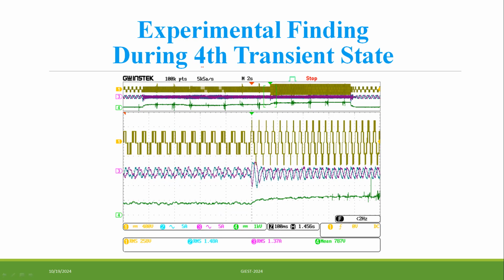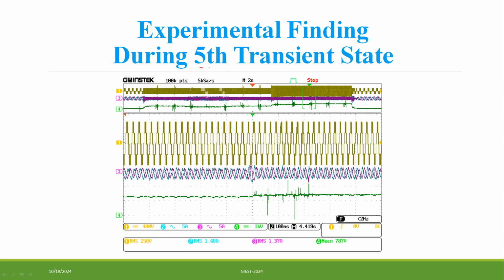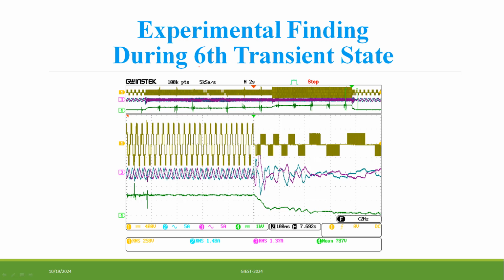During the fourth transient state, line voltage changes from 3 level to 5 level, first, second, third, fourth and fifth. During the fifth transient state, line voltage is only 5 level. During the sixth transient state, line voltage again changes from 5 level to 3 level.